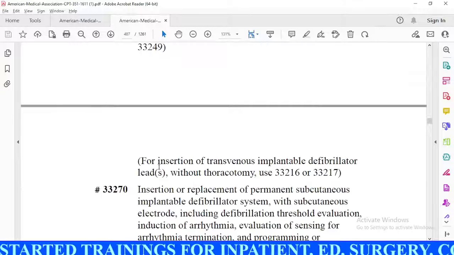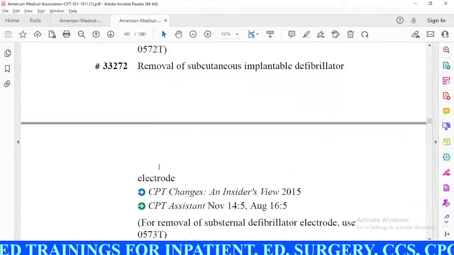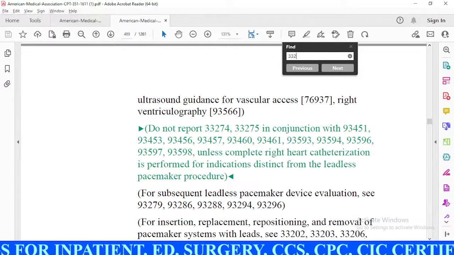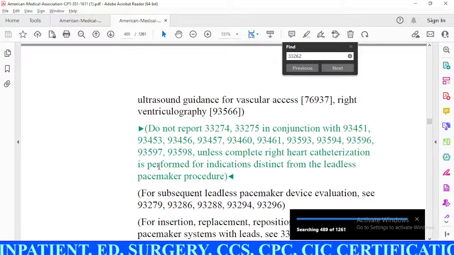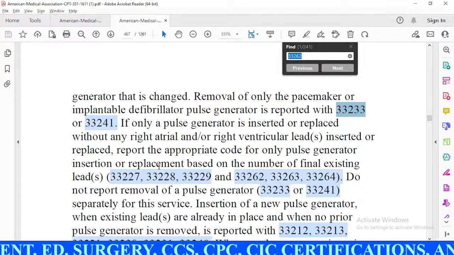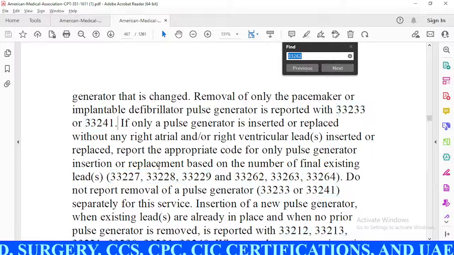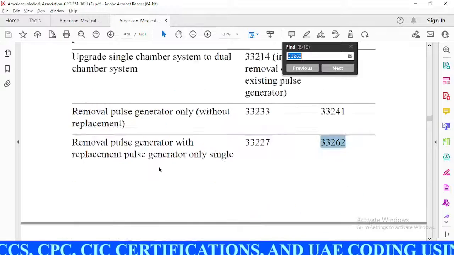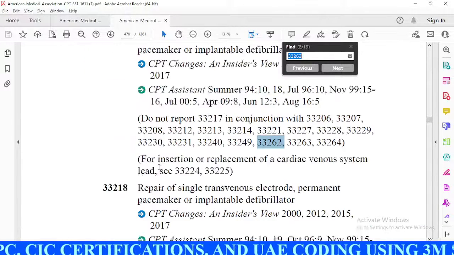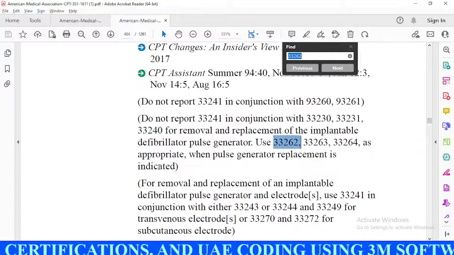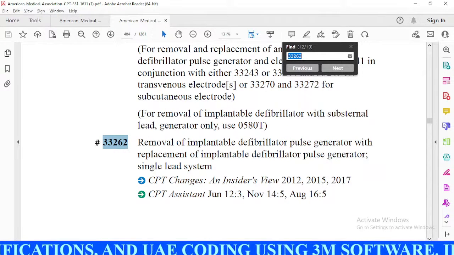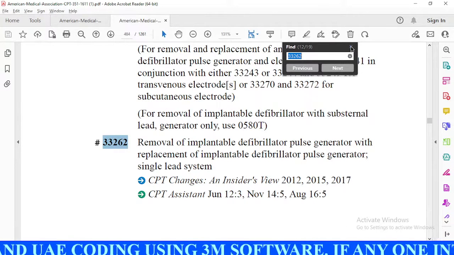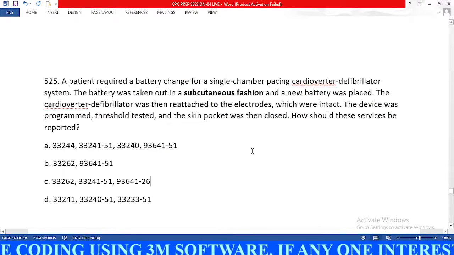What is 33262? Removal of implantable defibrillator pulse generator with replacement of implantable defibrillator pulse generator, single lead system. So this is also wrong.